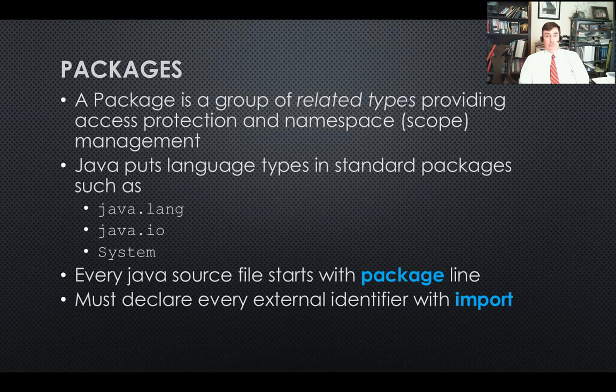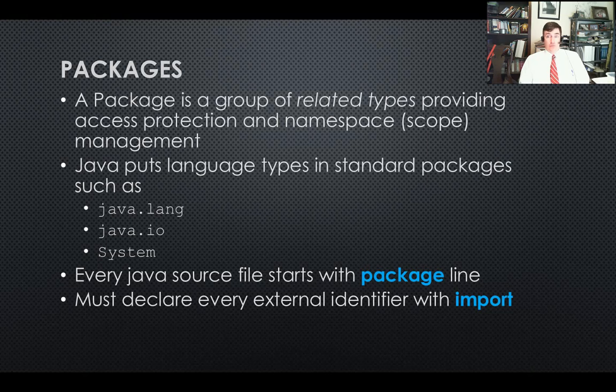So those are in two different scopes. So Java puts its language types in standard packages, such as java.lang, java.io, and system. Every time you want to print a message to the console, you're going to use the command system.out.println. System is the package, .out is a subpackage within it, and then println is the actual name of the class.